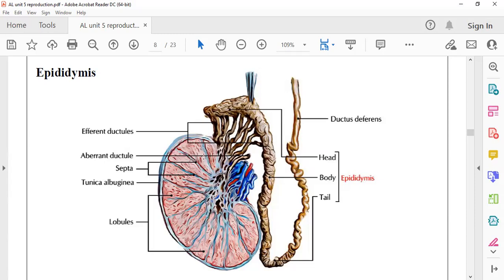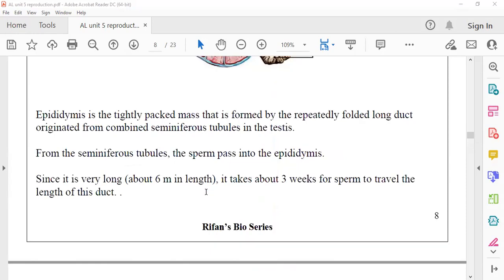Sperms made in the seminiferous tubule will be transferred to the epididymis, and they are stored. They become mature. What does the note say?